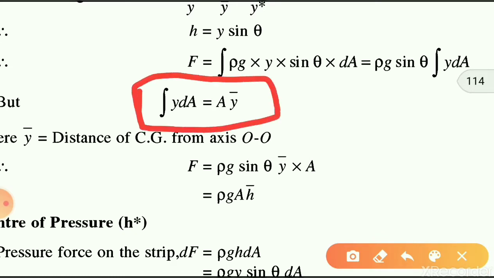It is the area multiplied by its distance from a particular axis, and if we integrate it for the whole surface, then it will give the first moment about that particular axis. So it is equal to the area of that whole surface multiplied by the distance of its center of gravity from that particular axis, which is axis O in this case.